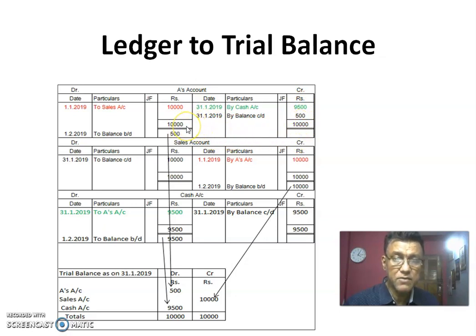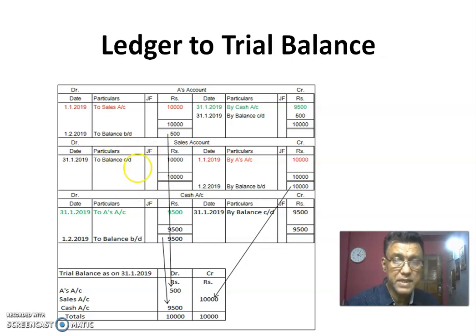So in A's account you have 10,000 on both sides, the gap is 500 rupees, so 500 rupees is the balance. So balance is there as a carried down or CD in the credit side and brought down or BD in the debit side. It will always be like this. The balance CD and balance BD must be on the opposite side.